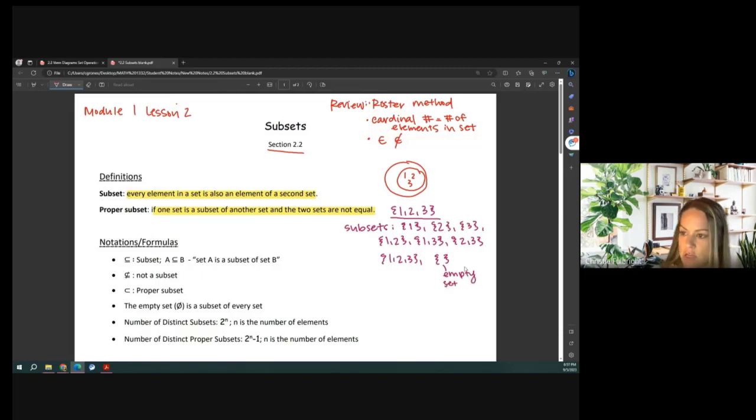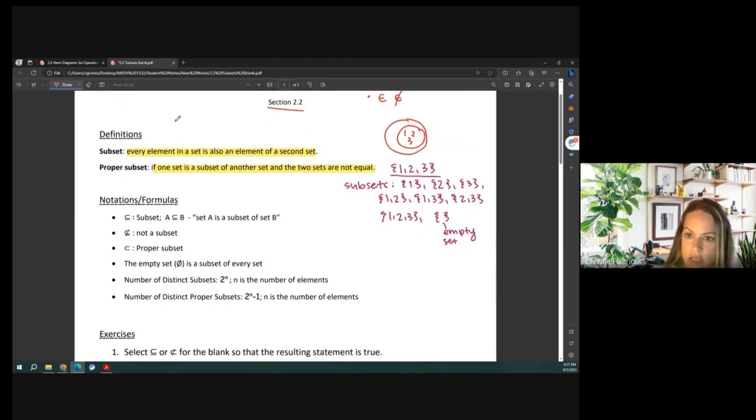So if you look down here at your notations and highlight this very important notation, it says the empty set is a subset of every set. So every time you ask for a subset of a set, the empty set is going to be a subset of every single set.